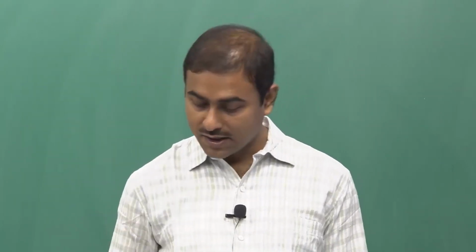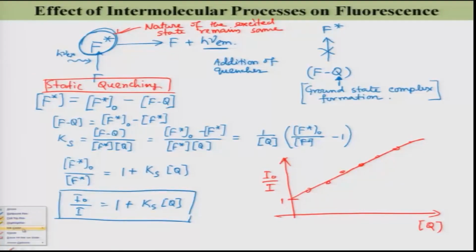Please note that when I plot tau 0 by tau in a similar fashion, you will always see the ratio is 1, even if you increase the quencher concentration.